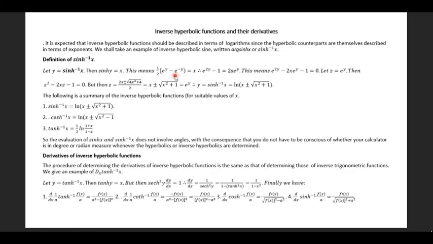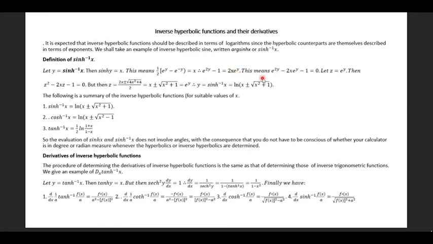And then if you multiply across by e to the exponent y, you are going to get e to the exponent 2y minus 1 will be equal to, and you take this half to the other side, it will then become 2x, and then e to the exponent y.